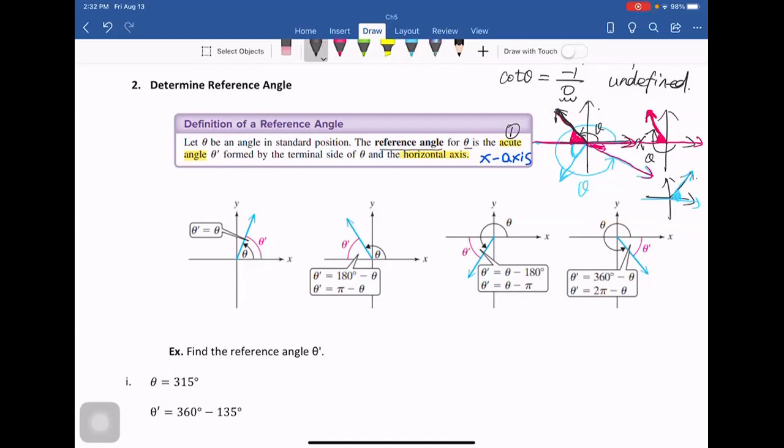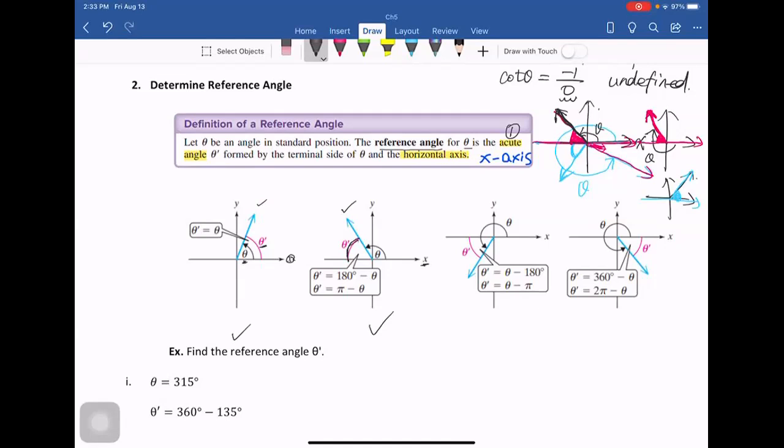So let's see these four pictures. The first one, if in the first quadrant, the terminal side is here, x-axis is here, so theta equals its reference angle. In the second picture, in the second quadrant, the terminal side is here, the angle between the terminal side and the x-axis. Remember, that's an acute angle.